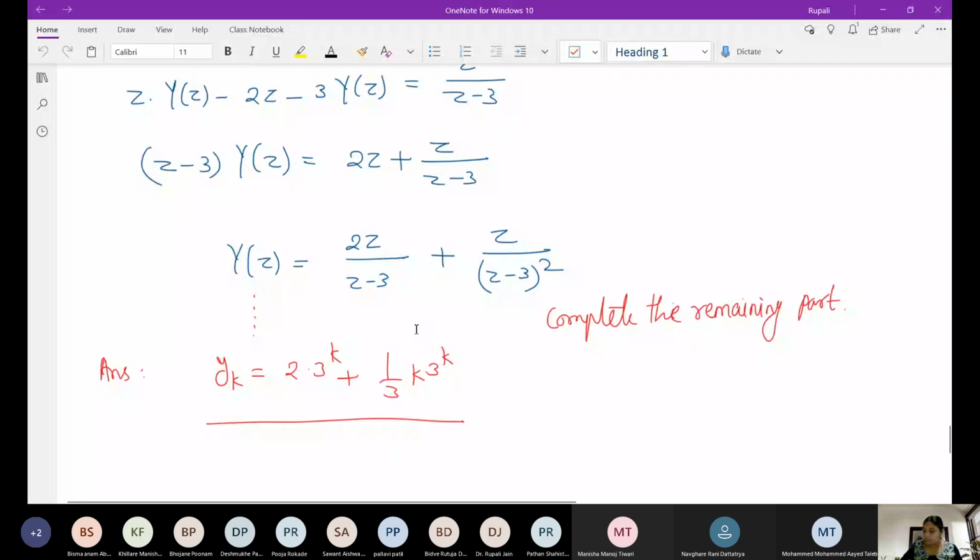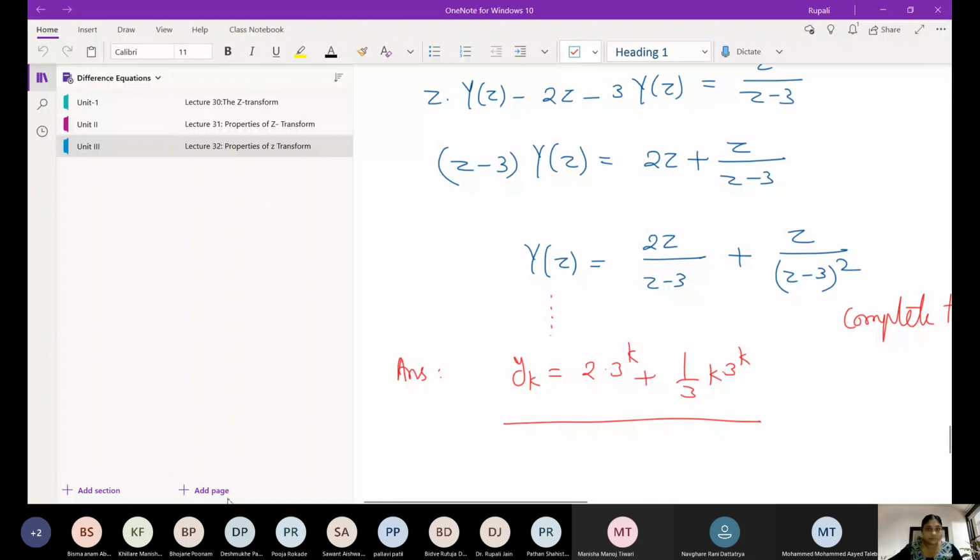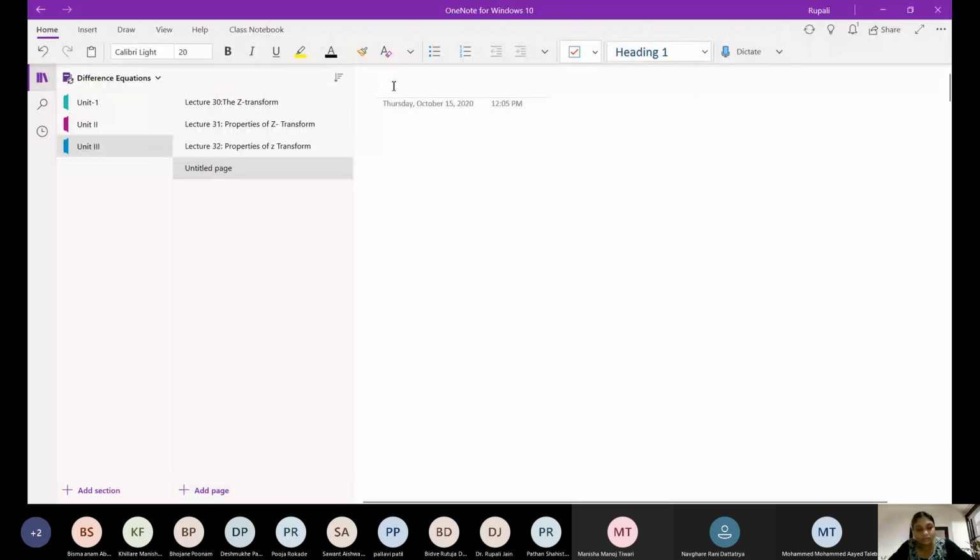Okay, so we will go to the next theorem. Initial value and final value theorem.